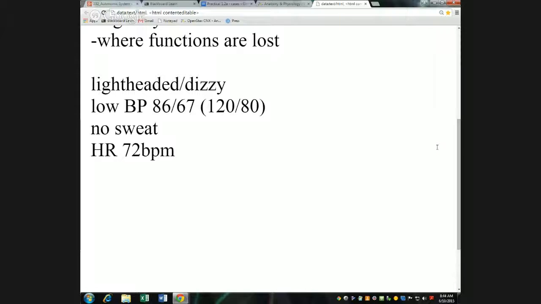If somebody's resting heart rate is around 100 beats per minute, then that's too high. But 60 to 80 is usually a normal resting heart rate. So 72 is actually kind of right in the sweet spot there. 72 beats per minute is usually what we would expect to see. So that's pretty good. But I want to leave it up there, and we'll understand why in a little while.